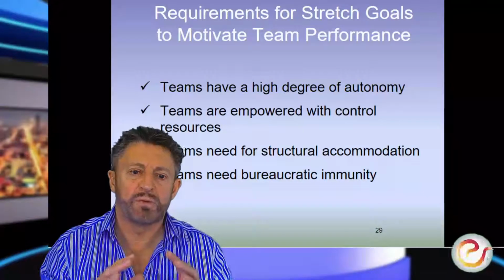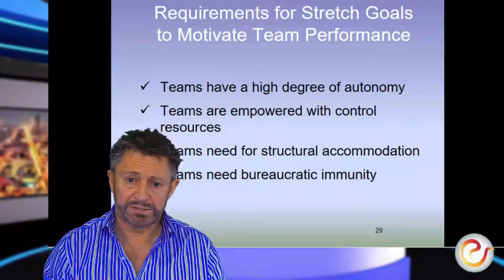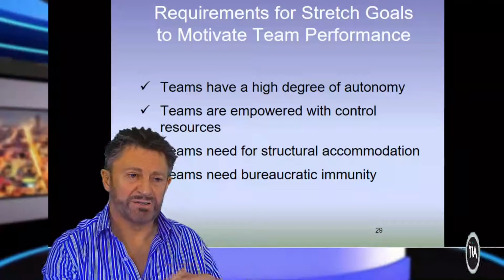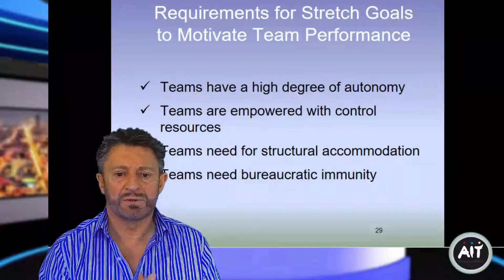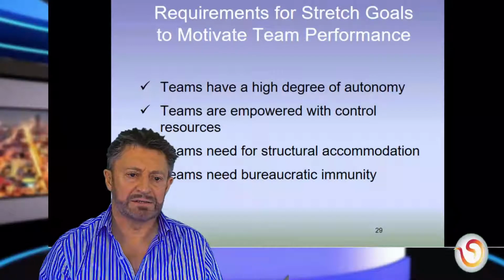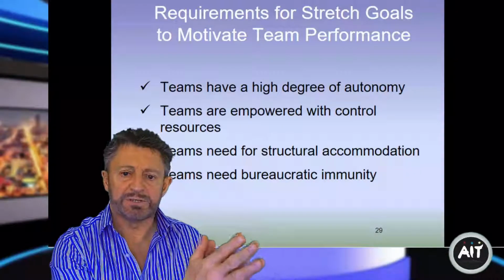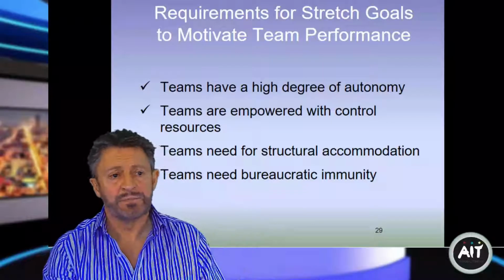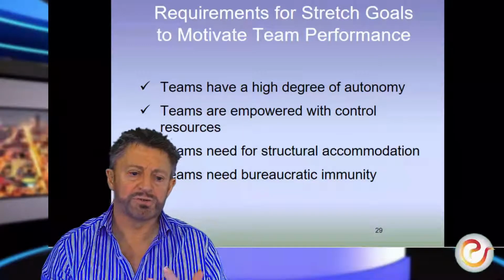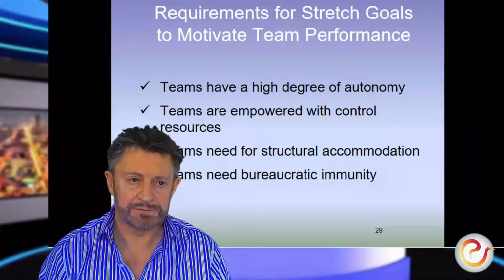Let us focus on what we're good at, our core competencies. Outsourcing this other stuff, that's the bureaucratic immunity. Don't get involved in distracting things that are not core, or not critical, to achieving the particular goals of the team itself. And empowered with control of resources, so they can control and manage themselves.